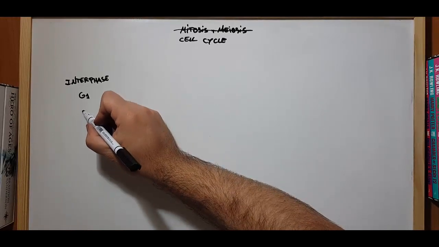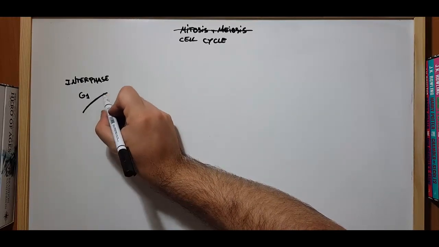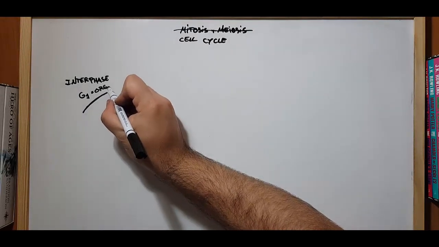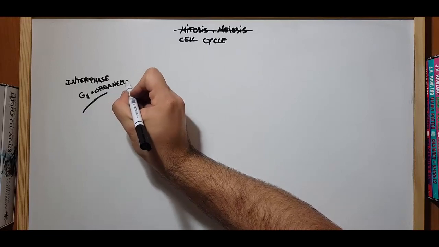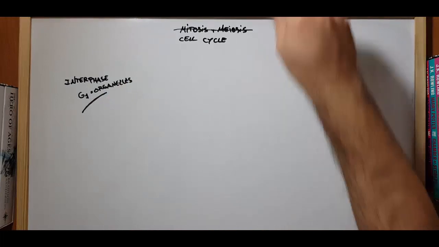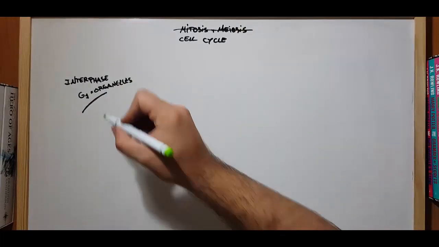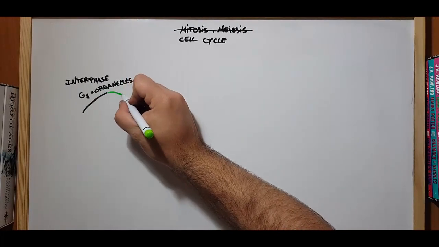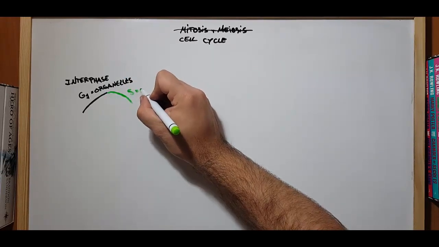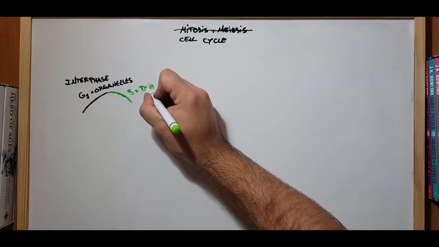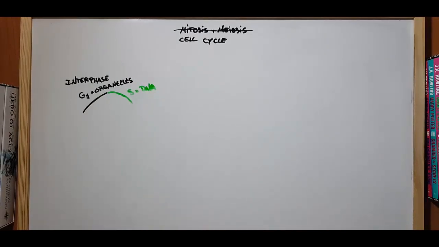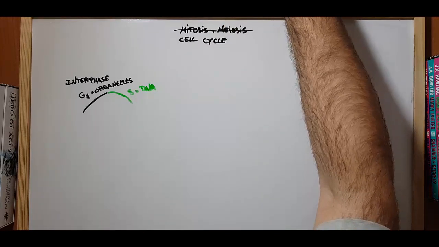So the first part of the interphase is where it replicates most of the stuff, mainly organelles. Then we're going to get the S phase, where it's going to replicate DNA. Then we're going to have G2.